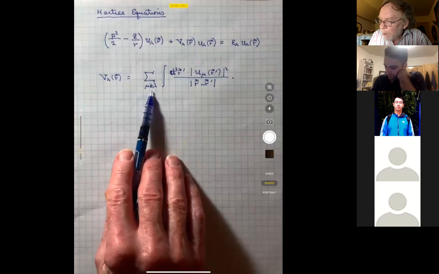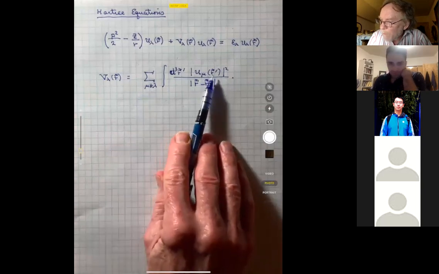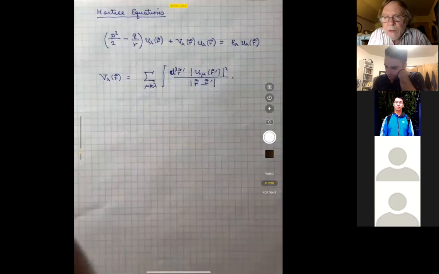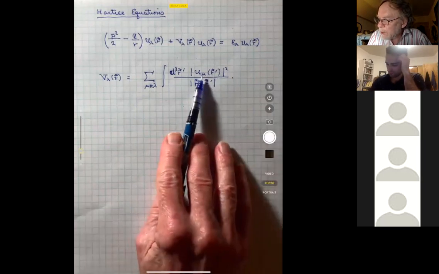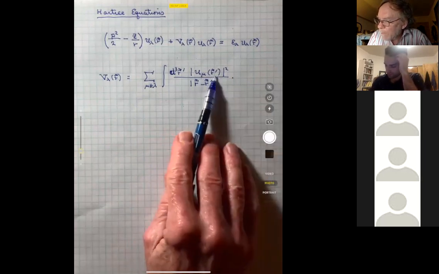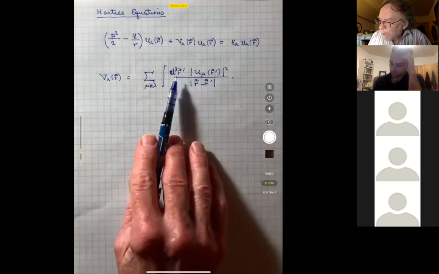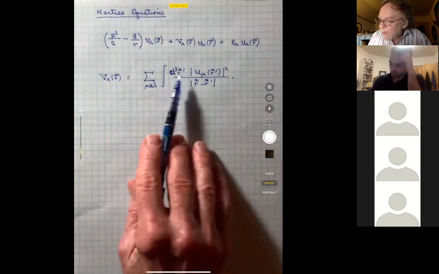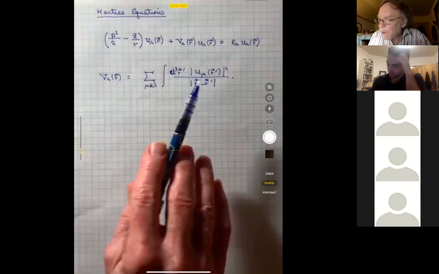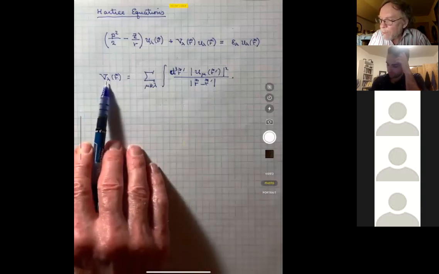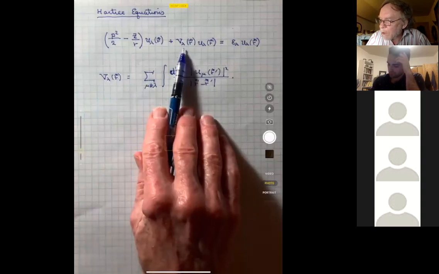So we sum over all the other electrons, we square the wave function for electron mu, that gives us the charge density times, well, we're using atomic units, so the charge of the electron is -1. So the probability density times -1 is the charge density. So except for a sign, that's the charge density up there, evaluated at not the field point, but the source point r prime, divided by the Coulomb denominator and then integrated over the source. So in electrostatics, this is nothing but the electrostatic potential at field point r due to the charge clouds of all the other electrons except for electron or orbital lambda. And that's the potential which appears there.